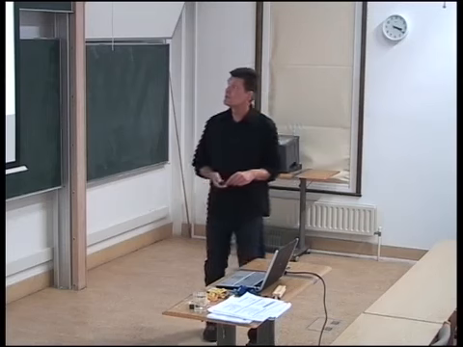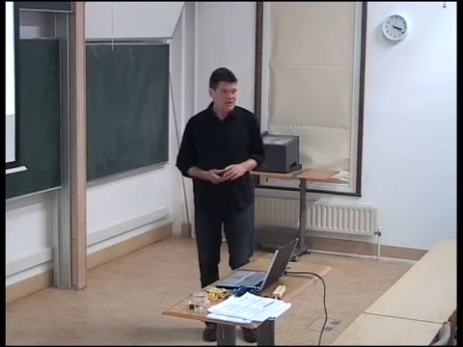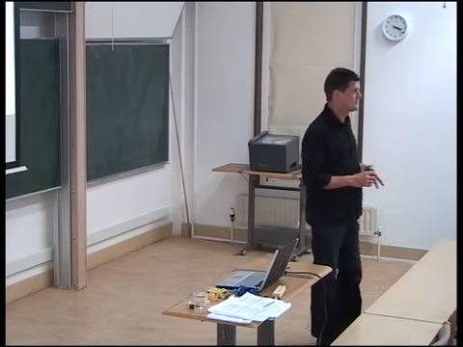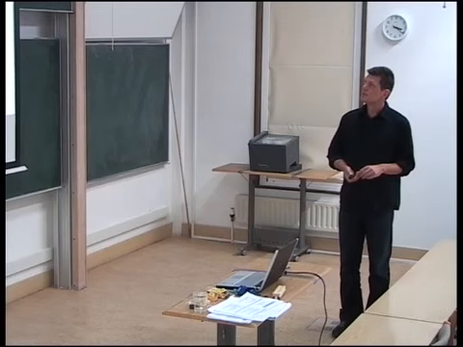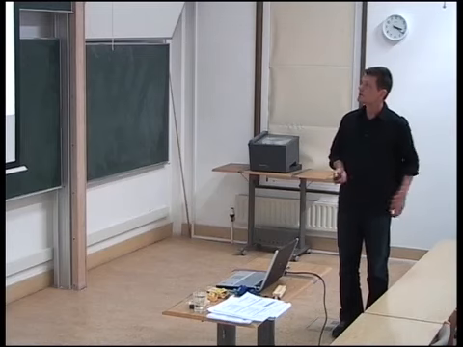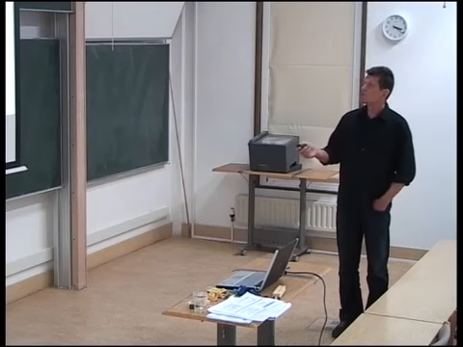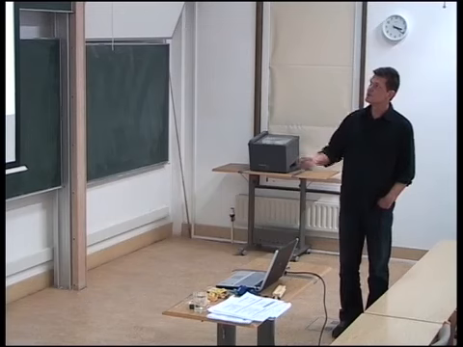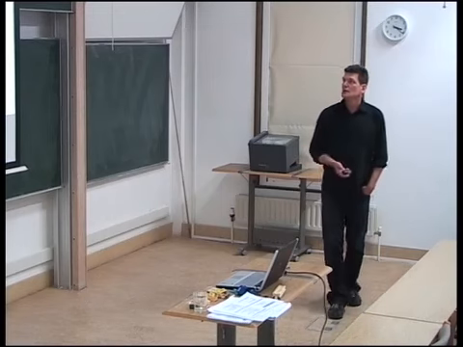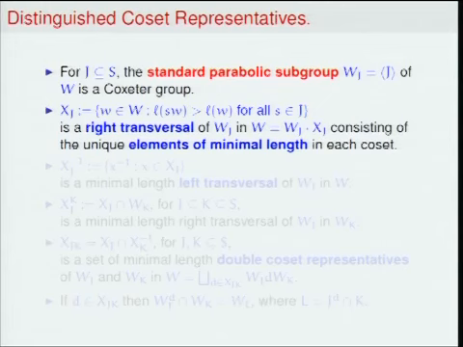It's a Coxeter group in its own right, and it has a nice set of coset representatives, which I call capital X subscript J, described by the fact that it consists of all elements of the group which become longer if you multiply them on the left with a generator of the subgroup. It's a right transversal of the parabolic subgroup, and it consists of the unique elements of minimal length in each coset.